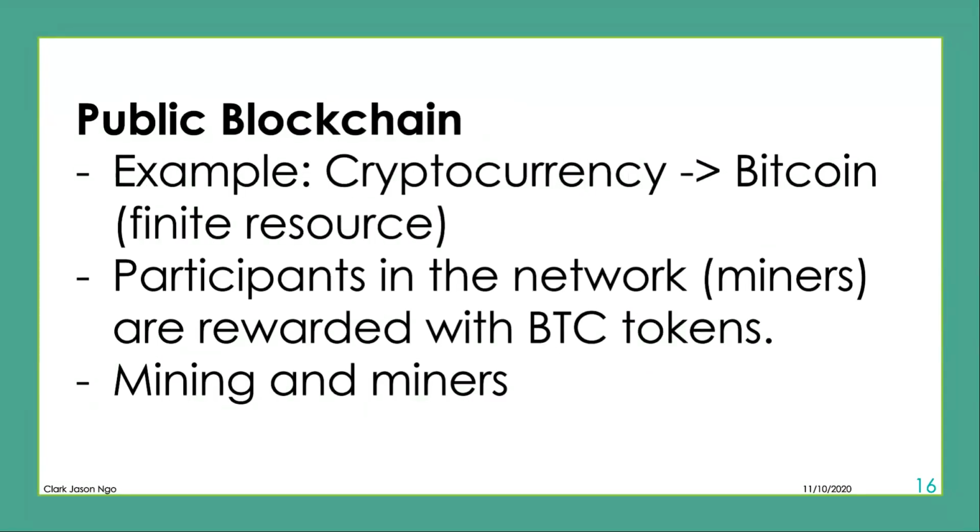An example of a public blockchain is again cryptocurrency, Bitcoin. It is a finite resource, and participants in the network, which we call miners, are rewarded with Bitcoin tokens, and we do have the mining and the miners.